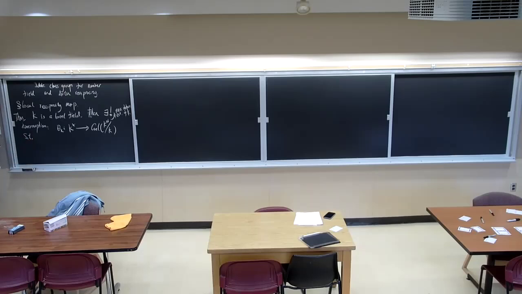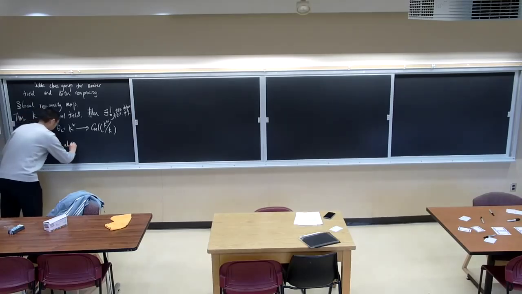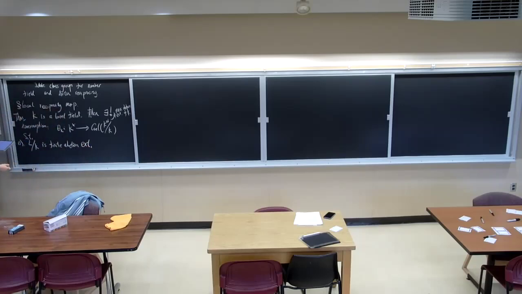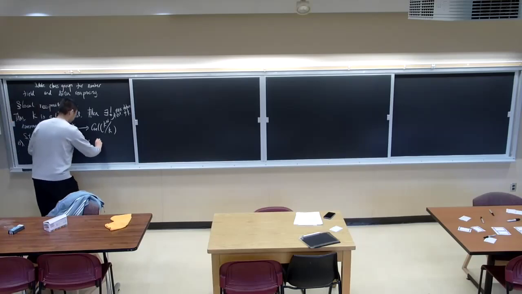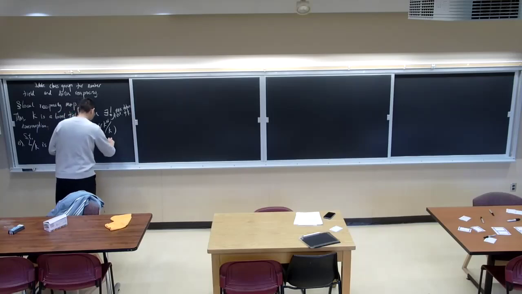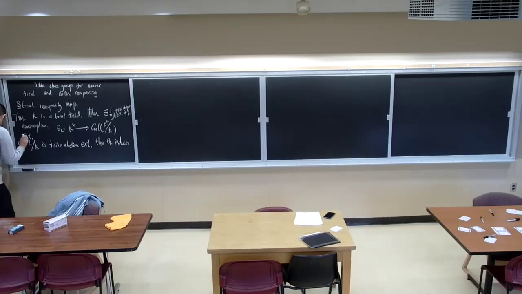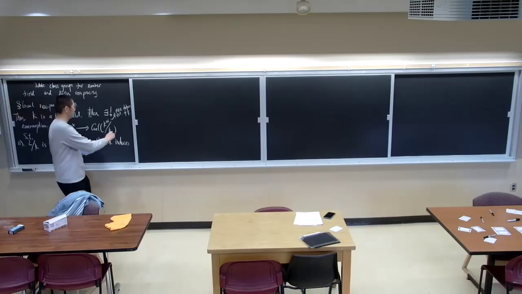First, if L over K is any finite abelian extension, then this map theta_K induces an isomorphism.